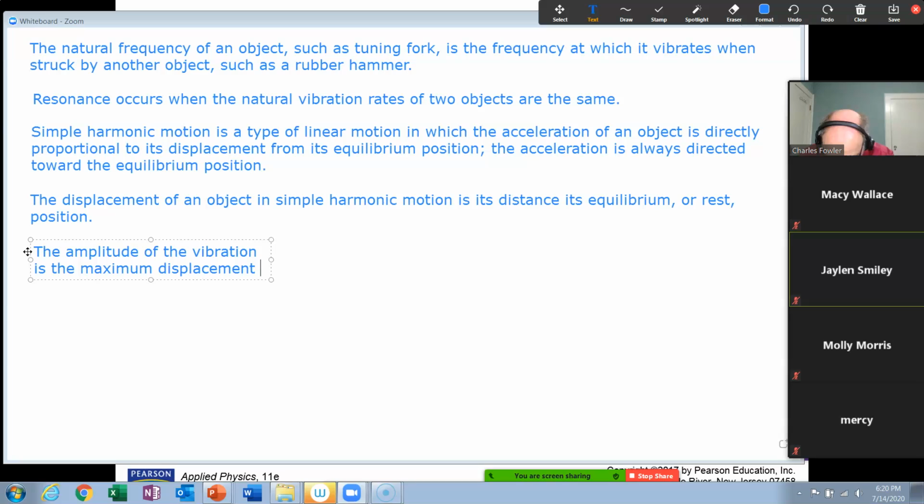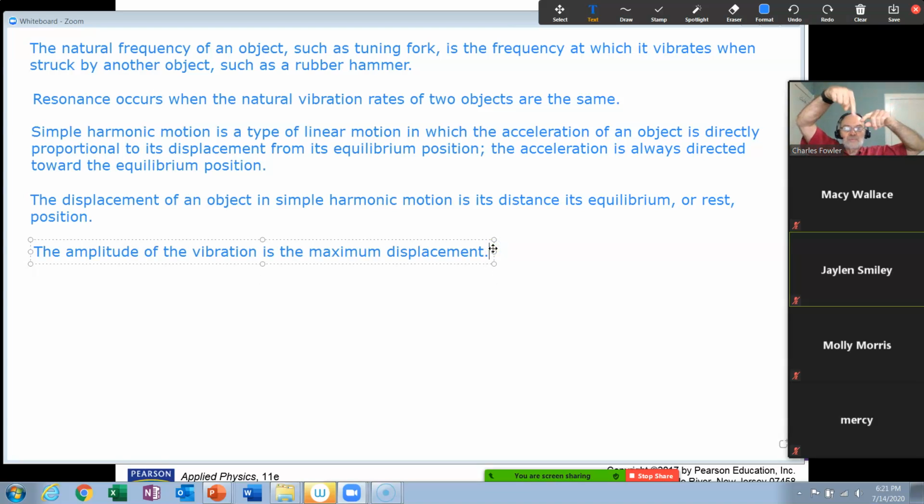I think what I'll do is go to the other slide. The amplitude of the vibration is the maximum displacement. When I was talking about a pendulum, the maximum displacement, that would be its amplitude, as high as it will possibly go. When it comes down and goes back in the other way, it'll go to the same height. Maximum displacement.